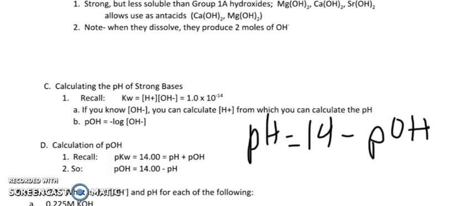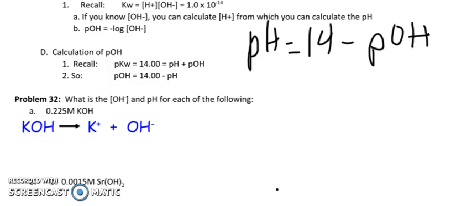It says, what is the hydroxide concentration and the pH, not the pOH, the pH of each of the following? Well, the first thing to recognize is that KOH is a strong base and it has no problem dissolving. So we'll do the exact same thing as we did with a strong acid, one of those big 6s.